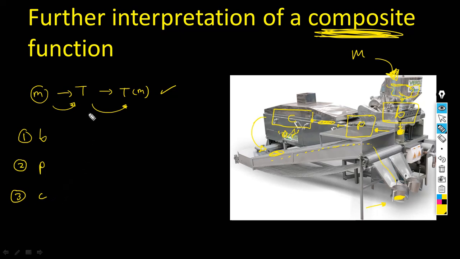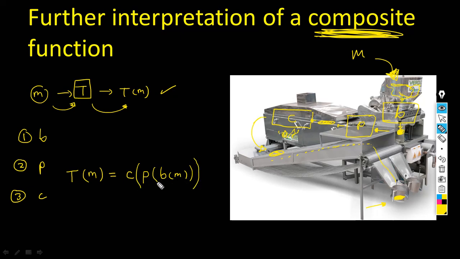This function T is composed of the function B, the function P, and the function C. And the correct implementation of the whole process is in this way. It's going to sound weird, but I try to understand. The function T, evaluated in a piece of mass, is simply the function C evaluated in the function P evaluated in the function B of M. This is the whole process.